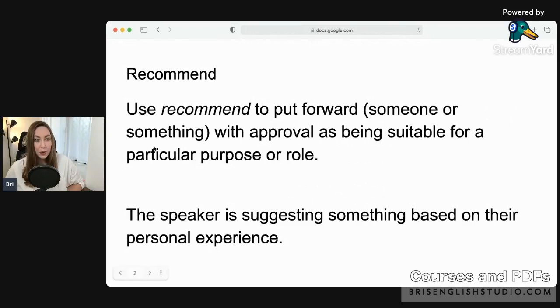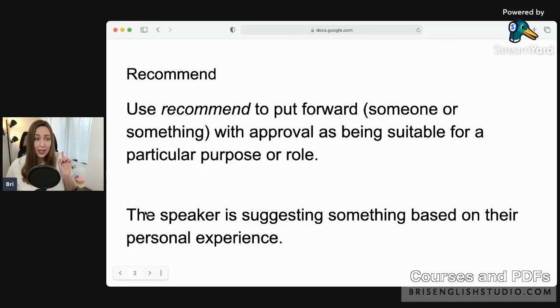Recommend. So we can use recommend to put forward someone or something, an idea, an opinion, with approval as being suitable for a particular purpose or role. So that's a very big explanation just to say that recommend means you are putting something forward, saying that you think this is good for the situation.